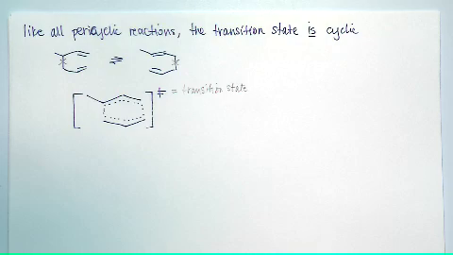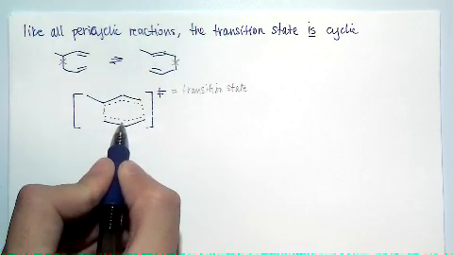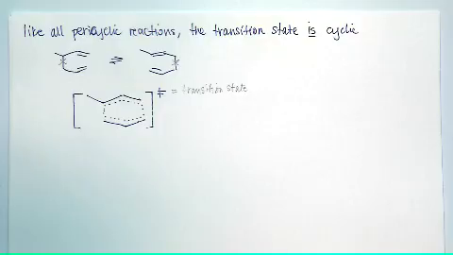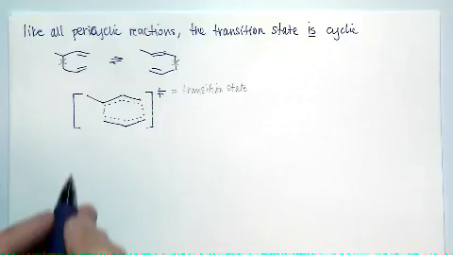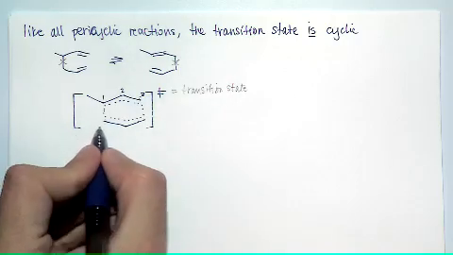And that little ring of dots sort of shows the electrons. You can imagine it's sort of another way of showing the mechanism in that the electrons are all moving around in a circle. So if we look at just the number of carbon atoms that are involved in the transition state, for the top fragment there's 3.